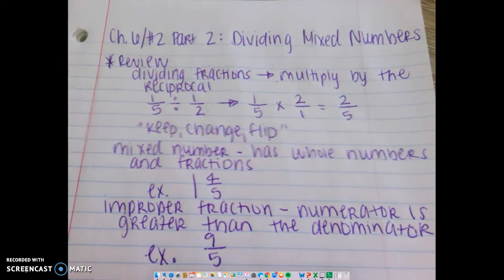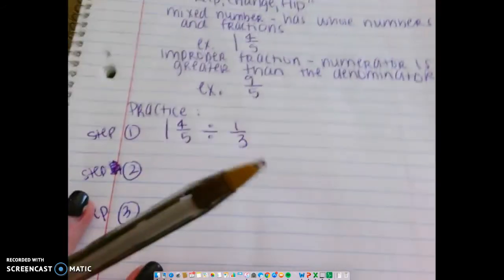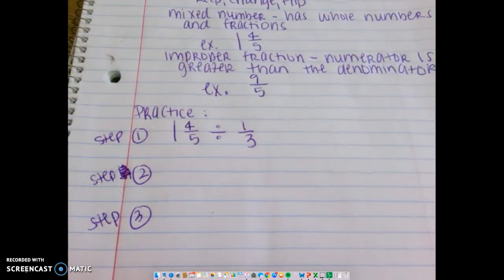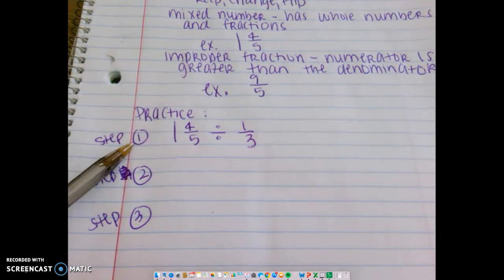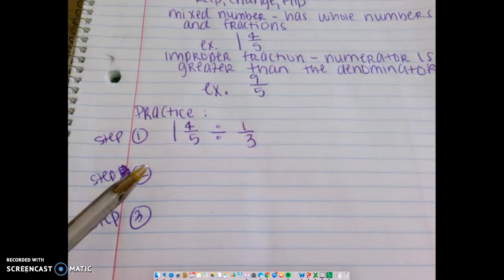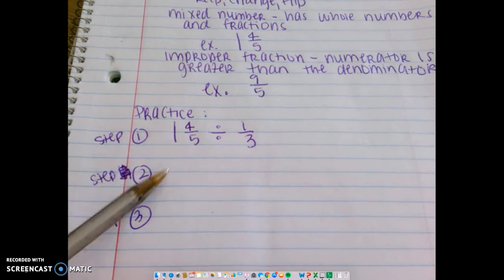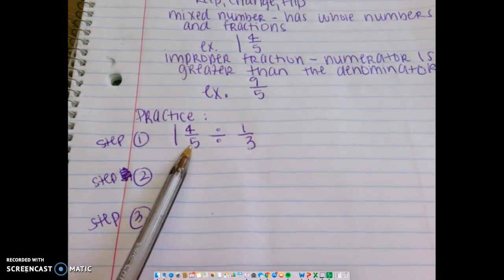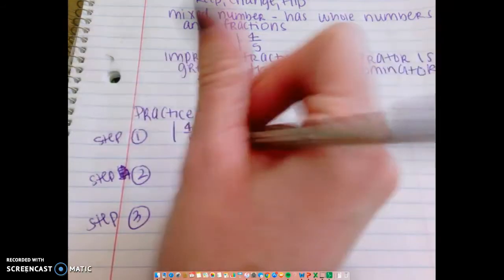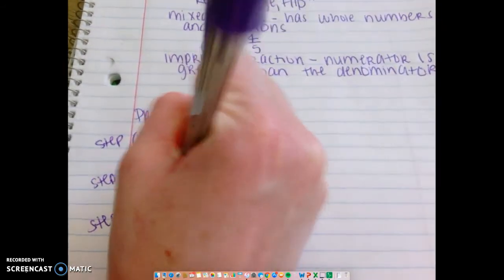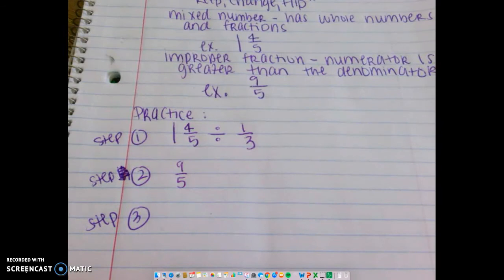So if you have a problem that has mixed numbers in it, the first thing I want you to do is rewrite the problem with the mixed number as an improper fraction. So you should have 3 steps when you have problems like this. So 1 times 5 is 5. 5 plus 4 is 9. So my improper fraction is going to be 9/5.